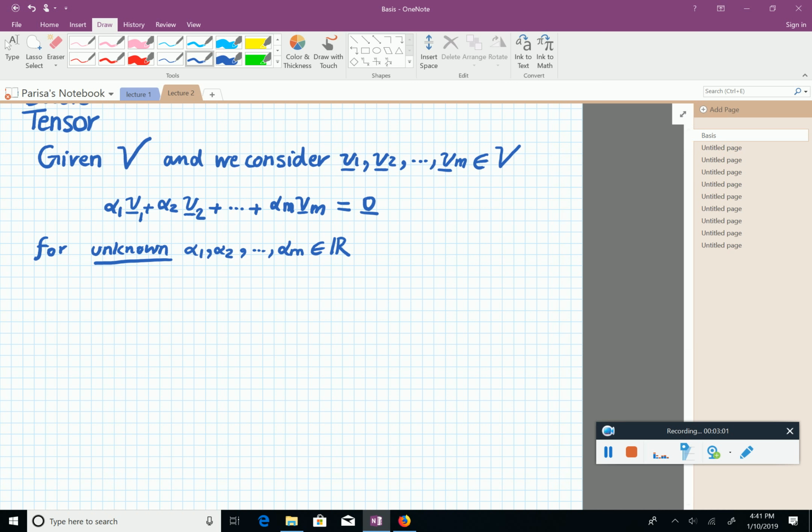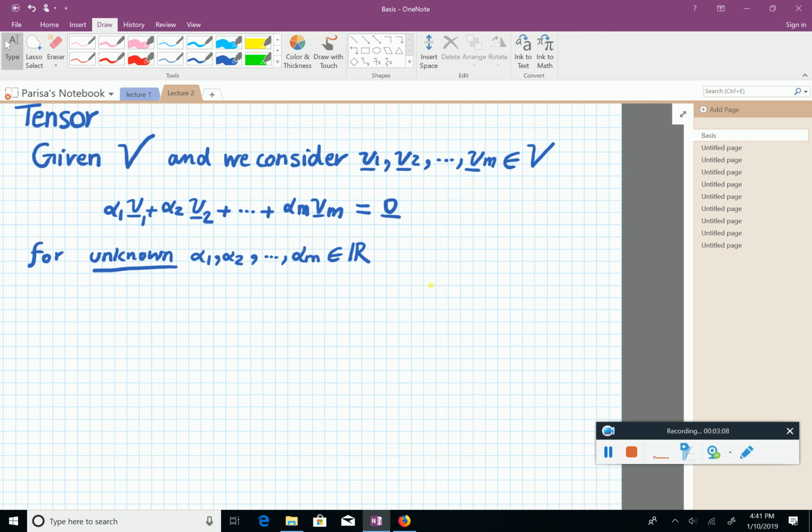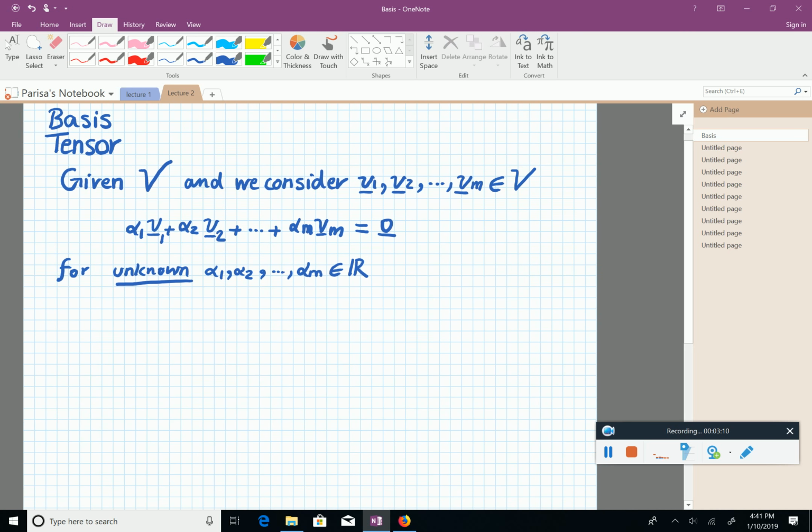So if we have this linear combination equal to 0, can you think of a solution to this equation? Something very simple. All alphas equal to 0, right? I don't want to make you feel bad for those of you who gave the right answer, but this is called the trivial solution.